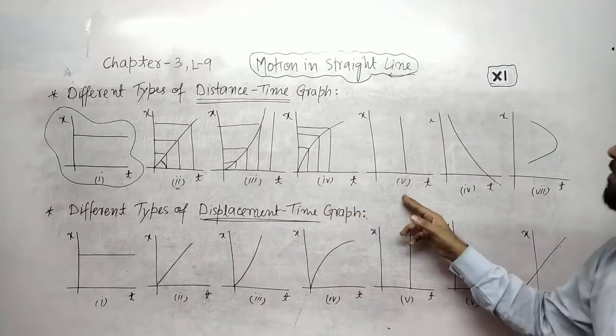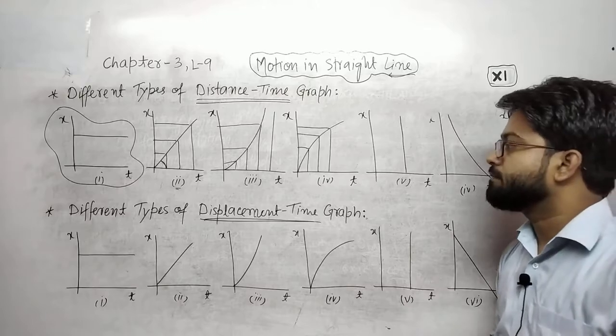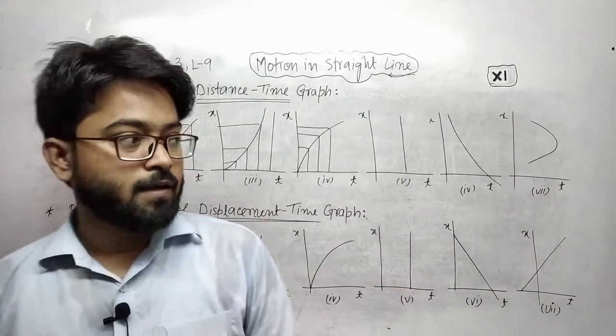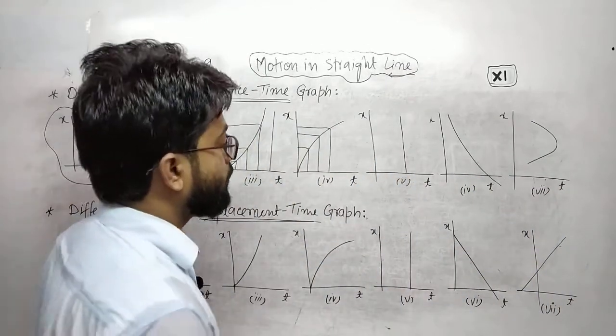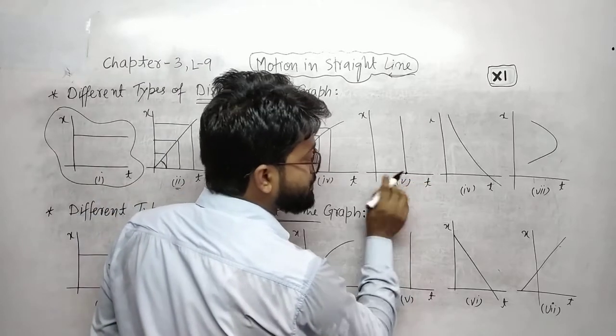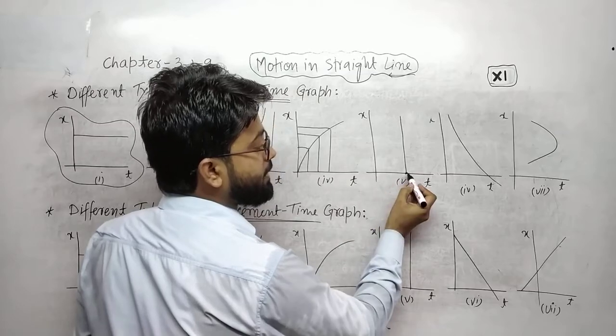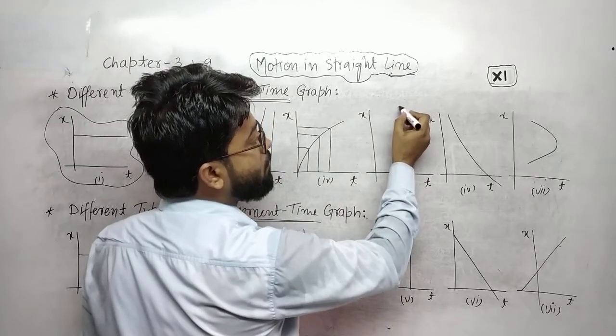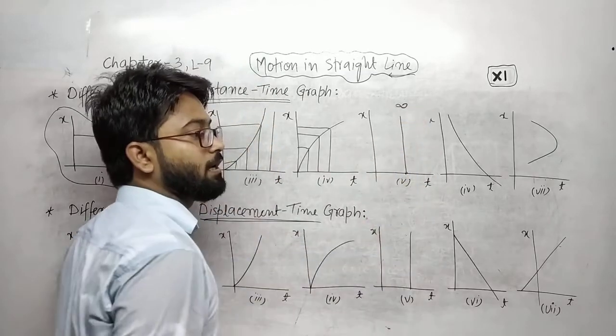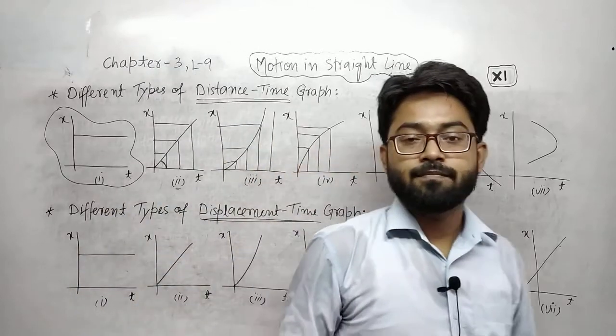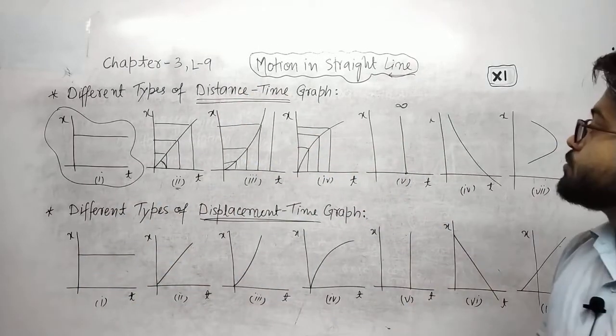Now, graph number 5. You will see that time is not changing. Without a change in time, the speed has an infinite value, meaning suddenly the speed becomes infinite. This is not possible.